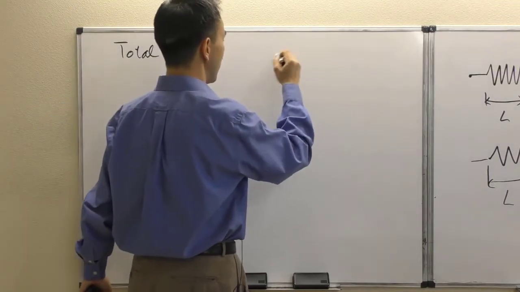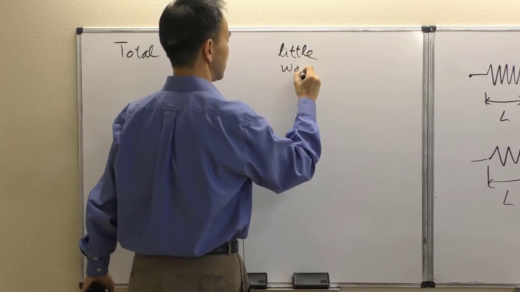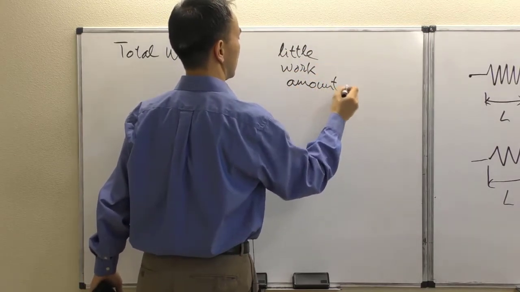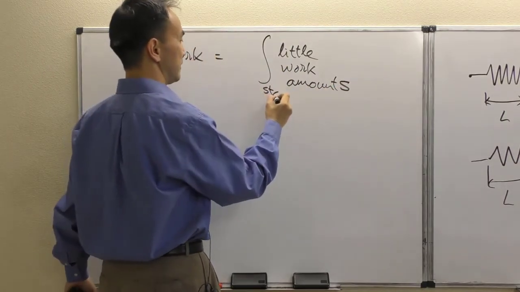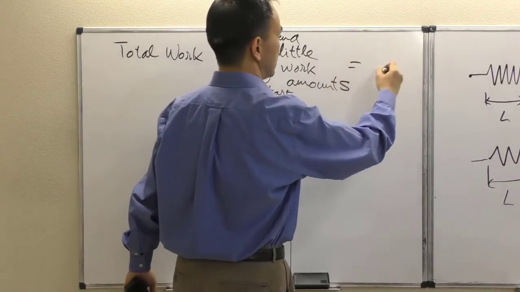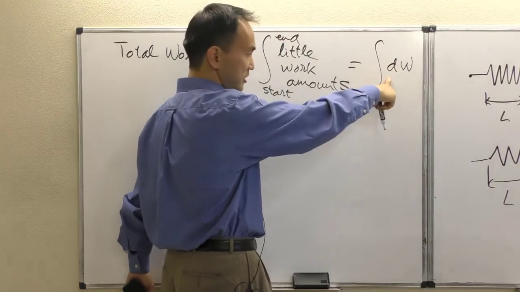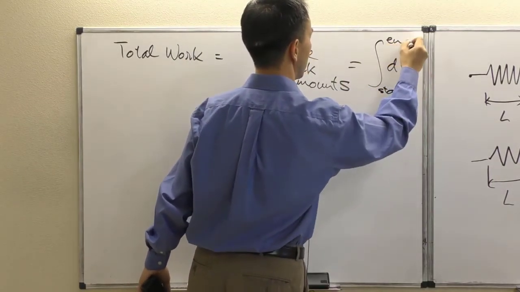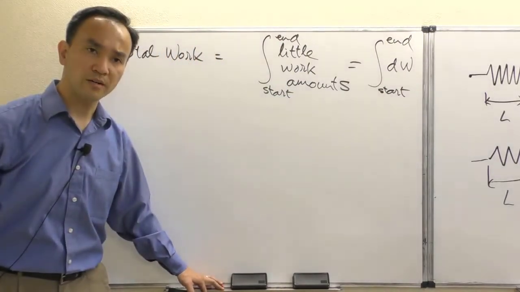First of all, we have to find all the little work amounts, and accumulate all of those little work amounts from a start to an end. According to many textbooks, the little work amounts are dW, from start to end. That's how we obtain our total work amount.